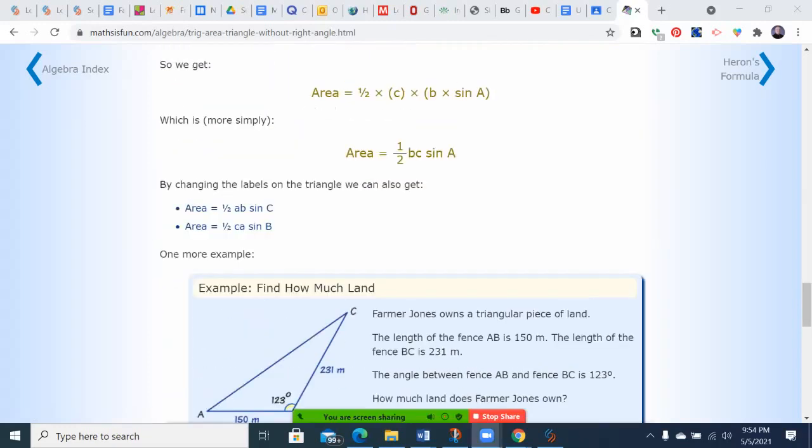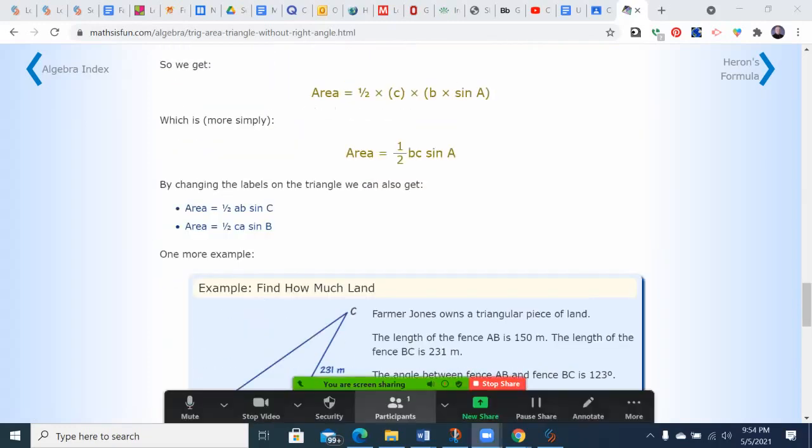So let's go to a new share to our whiteboard. Let's call it meters.